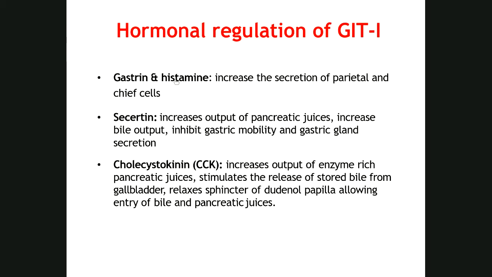So once this hormone is released, it is important to remember that gastrin enhances gastric motility and enhances the gastric secretion. Okay, so these will enhance the hydrochloric acid and pepsinogen. The secretion and the motility in the stomach will increase in response to gastrin and histamine.